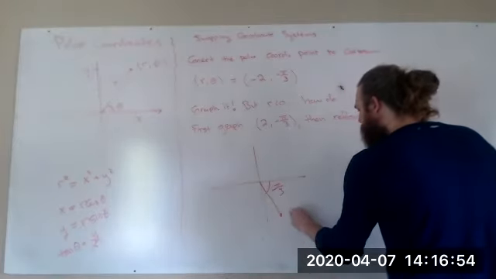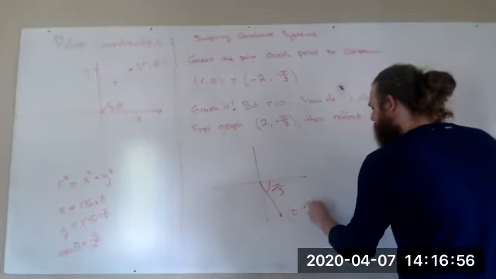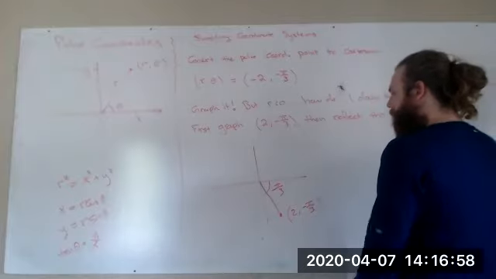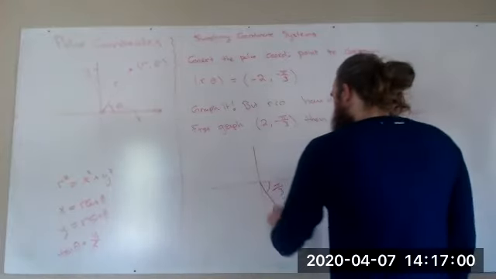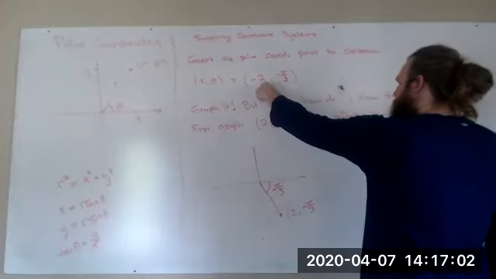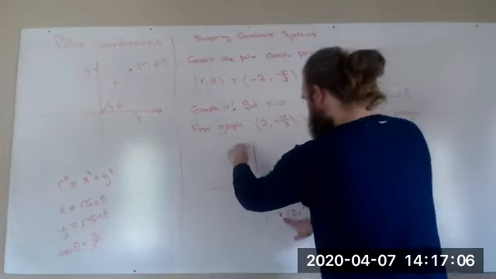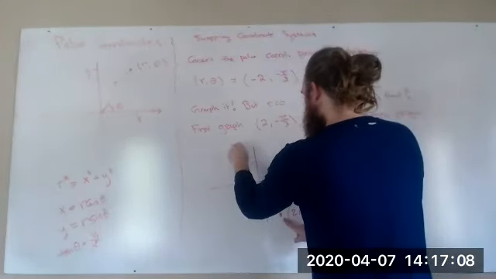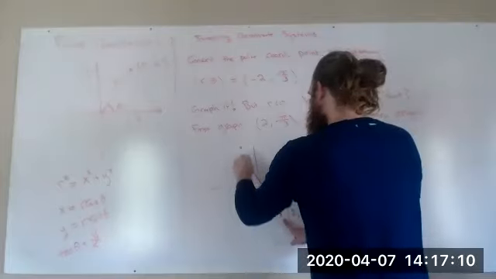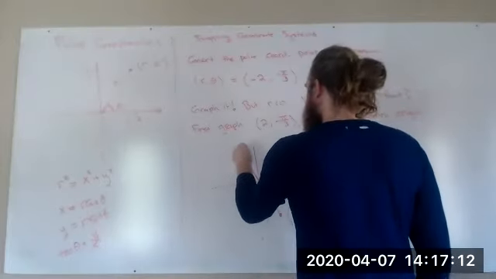So this is the polar point 2 comma negative pi over 3. And so the point that I actually want, negative 2 comma negative pi over 3, is this guy reflected through the origin. So modulo my bad art. Here it is.